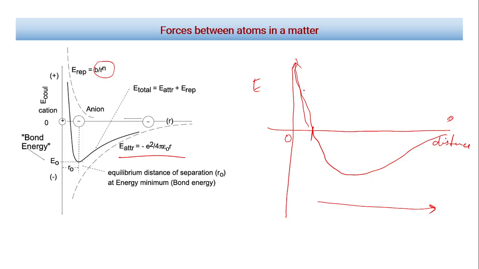So here repulsive force is there, here attractive force is there, then a balance between them is when the energy is minimum. I told you every system wants to be in equilibrium, that is at the minimum energy. So these two atoms will attain equilibrium, or the minimum energy situation, when the distance between them is this value, which we can call r naught.